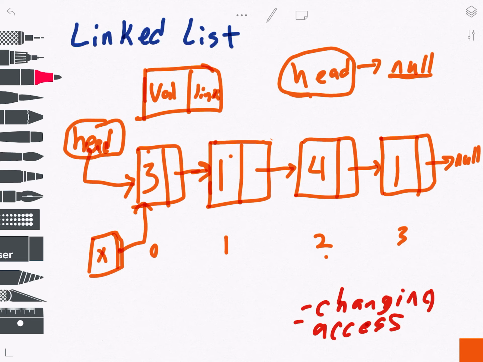Now we haven't inserted it yet, because head would still point to this first thing. So what we do is we create this new node, we take its pointer and point to the first value in our list, and then we say, now you, head, you're not going to point to this 3 anymore. You're going to point to x now.